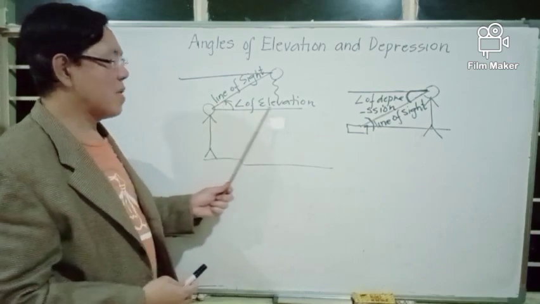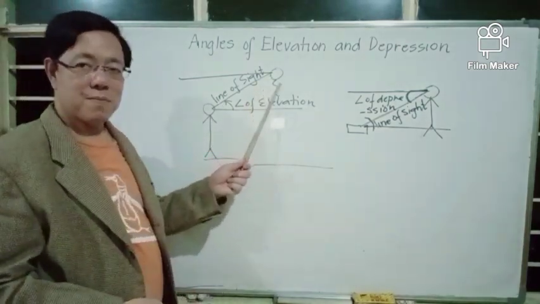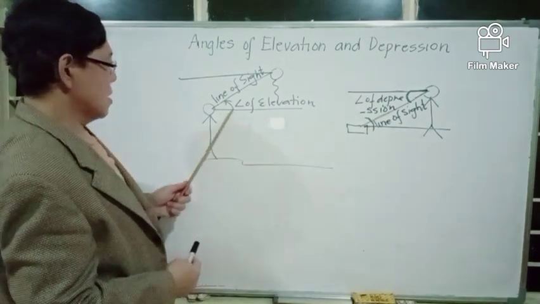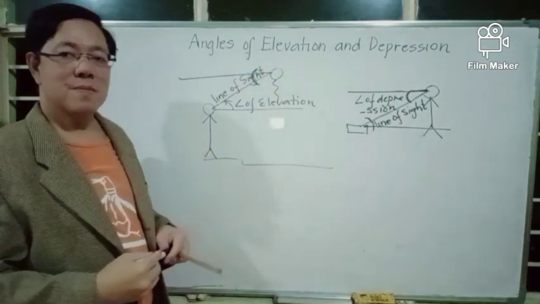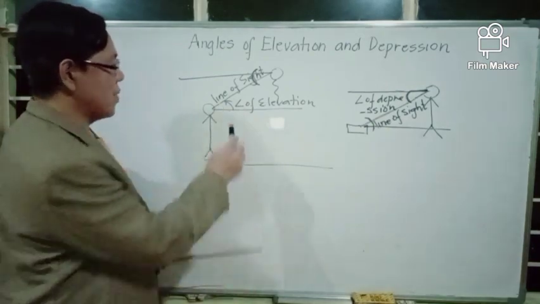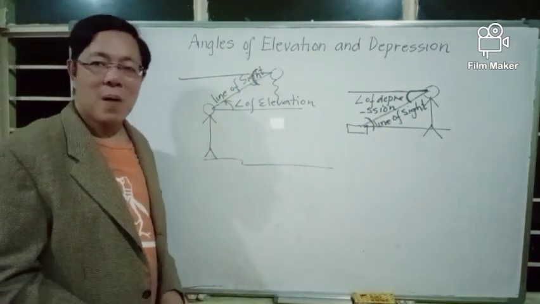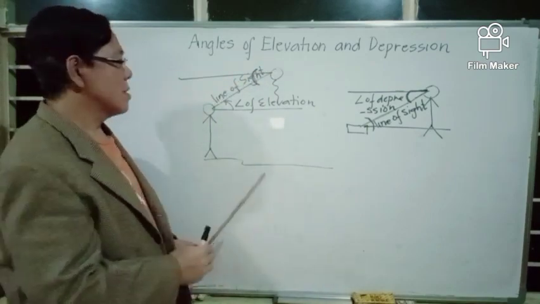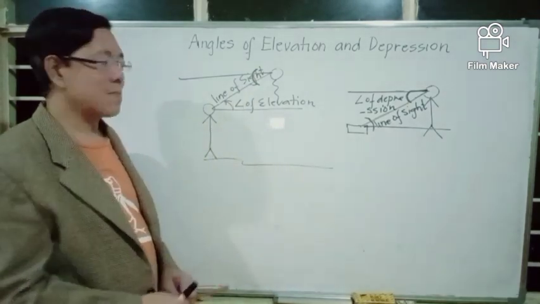Now, this angle of elevation of the object is also equal to this angle. Again, by the property of parallel lines cut by a transversal, the alternate interior angles are congruent.